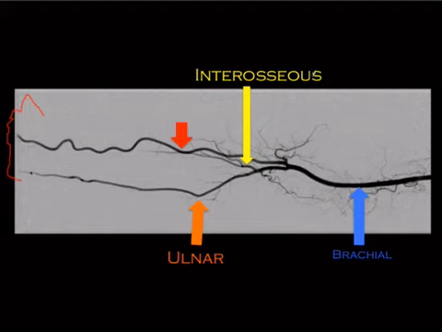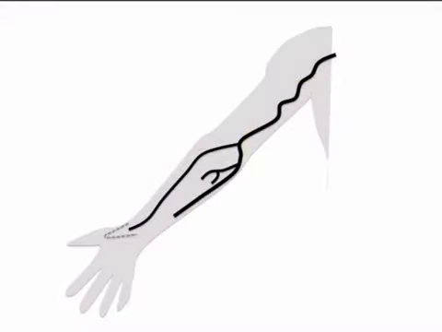The way that I remember that is, I see you, I see you, ulnar artery, and then the other one is the other one. Okay, so this is a typical way that things look here. Brachial, ulnar with interosseous, radial, continuing down into this anatomic snuffbox here, right, where you can palpate that thing.